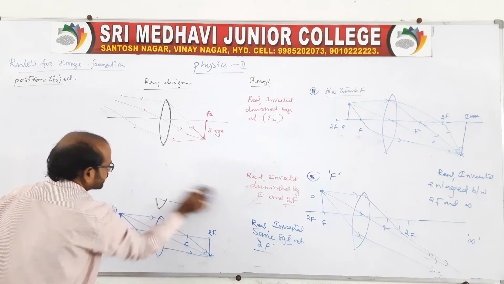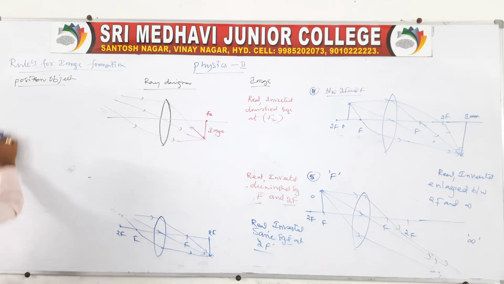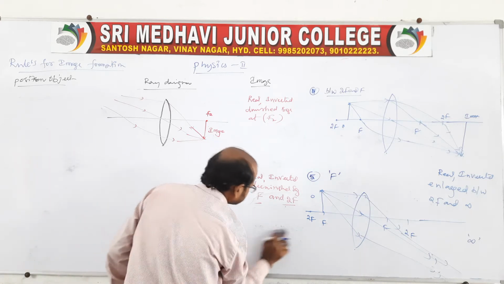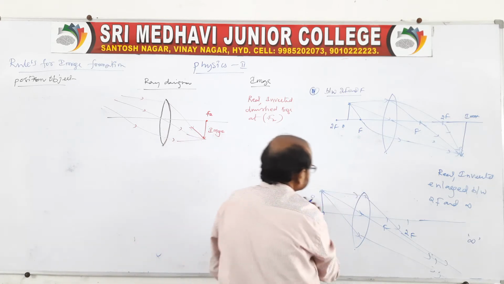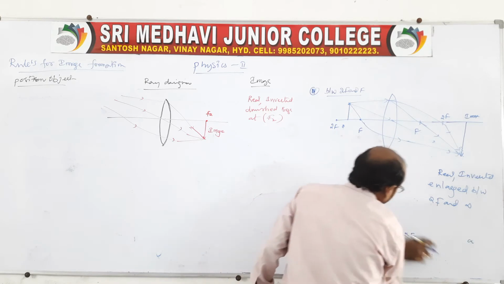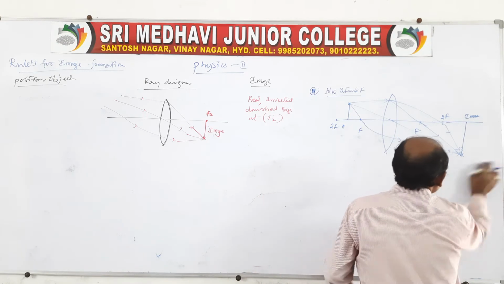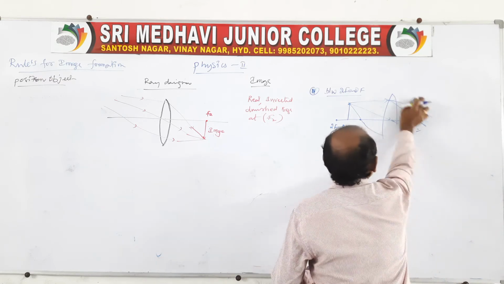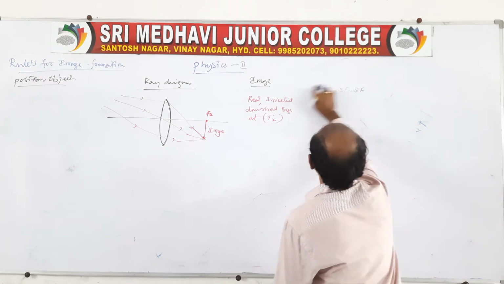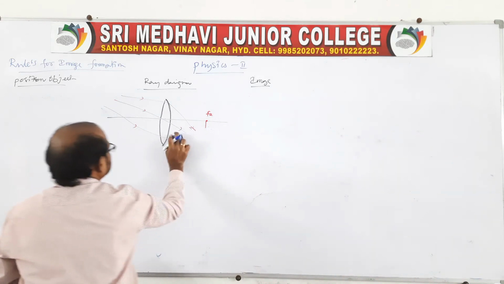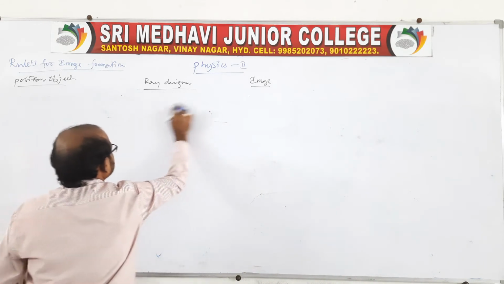If the object position is between the focus point and the optic center, you take it like this. See, now you take the next ray diagram.